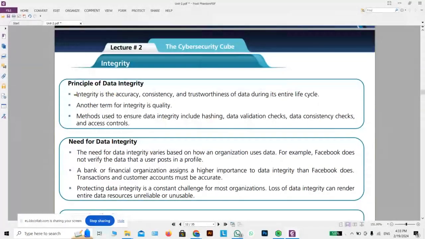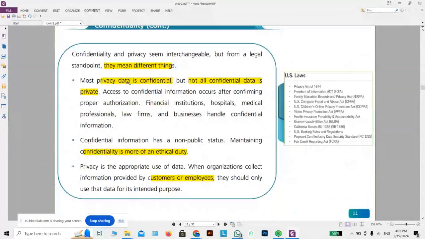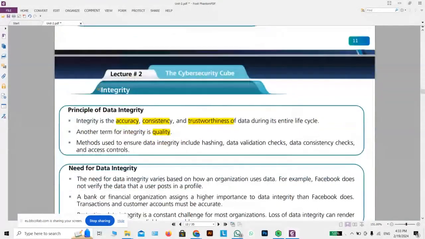Principles of data integrity. We consider integrity to be the accuracy, consistency, and trustworthiness of data. Confidentiality is done. Now we have to talk about integrity, the second of the cybersecurity principles.